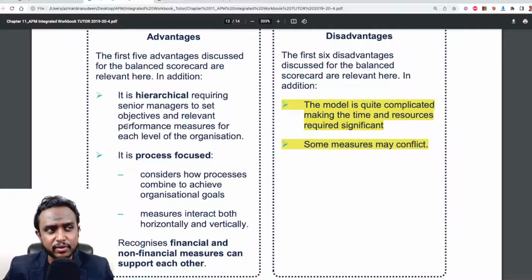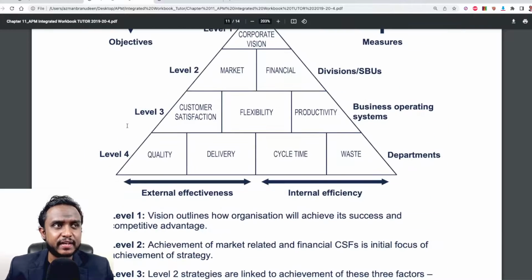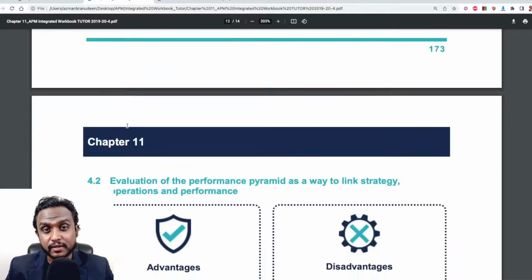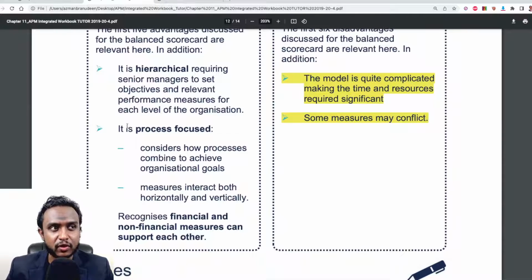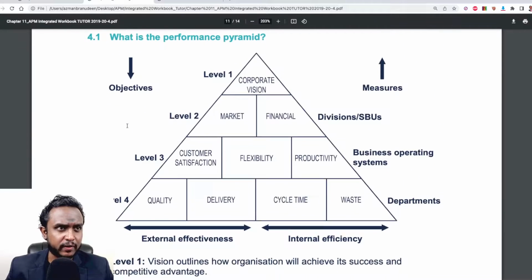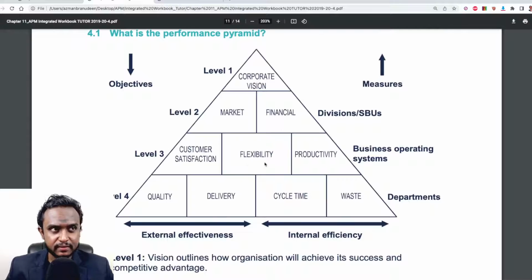So it considers how the processes combine to achieve organizational goals, like I think quality and delivery were combined to arrive at customer satisfaction. And it also measures and interacts both horizontally and vertically. So that's another good point. Flexibility, for example, has a horizontal approach as well, where flexibility helps you be more productive, and flexibility definitely improves your customer satisfaction.